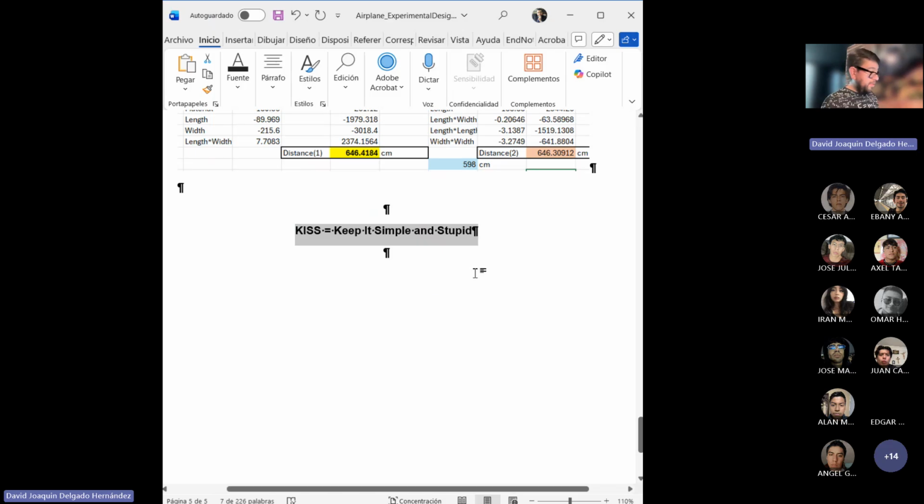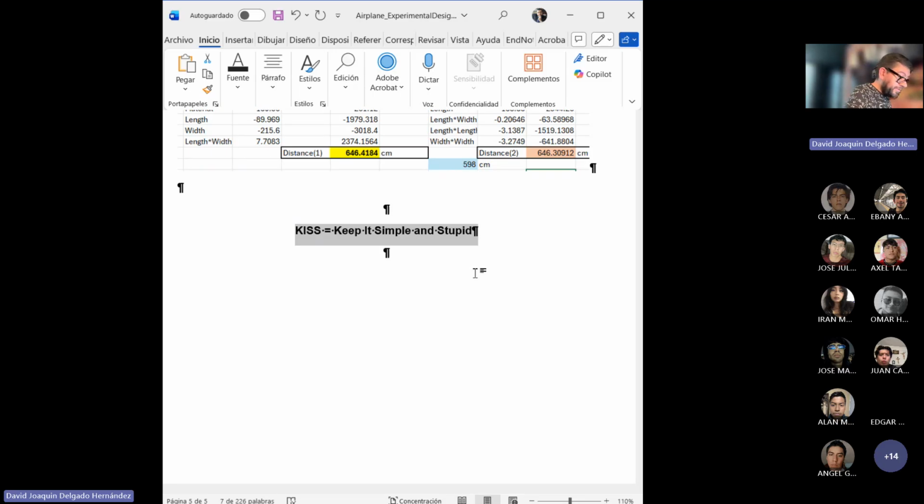I don't want to have a very complex model. I would prefer to have a very simple model, okay? And if the two are giving me exactly the same results, I will choose the simpler one. I will use this acronym KISS.